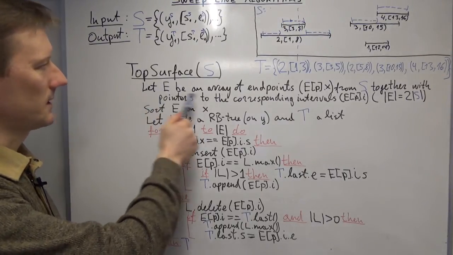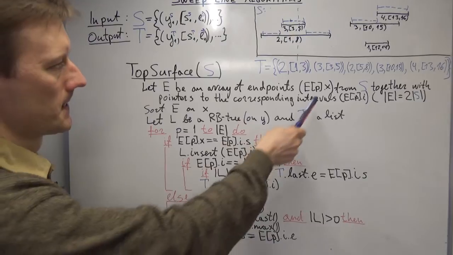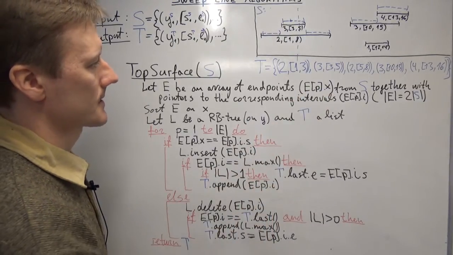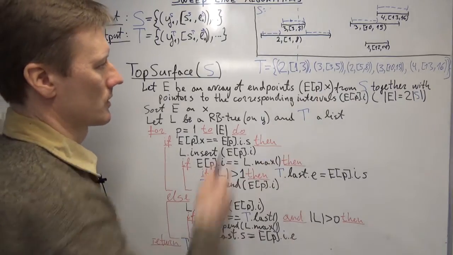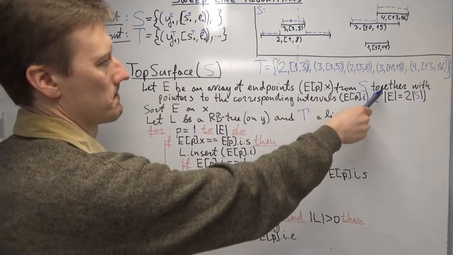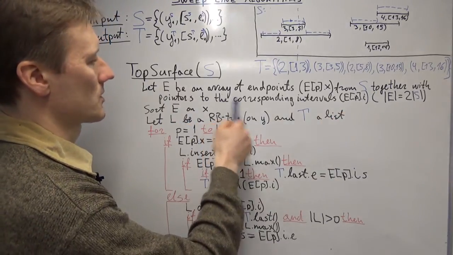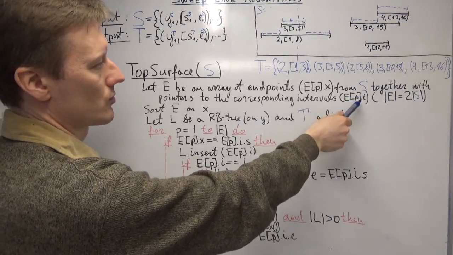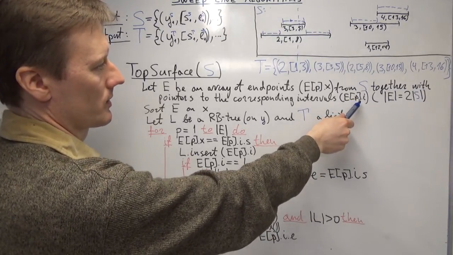So let E be an array of endpoints with a field X to represent the X coordinate of the endpoint from the input array, together with the associated pointers to the corresponding intervals.